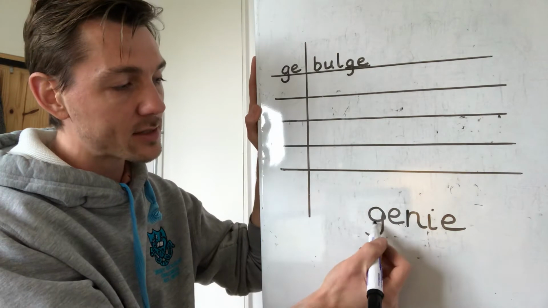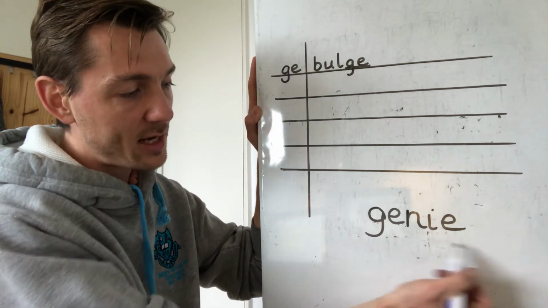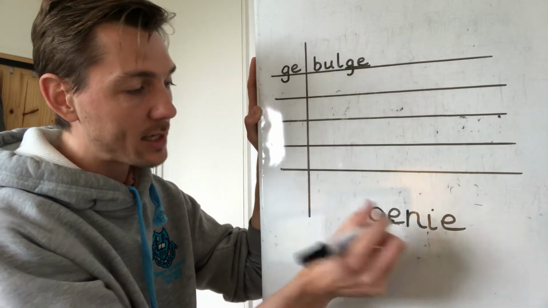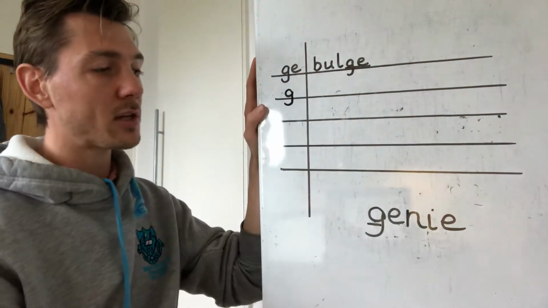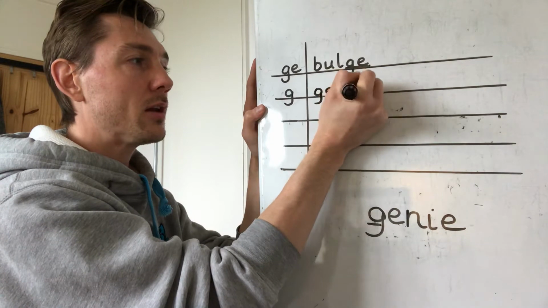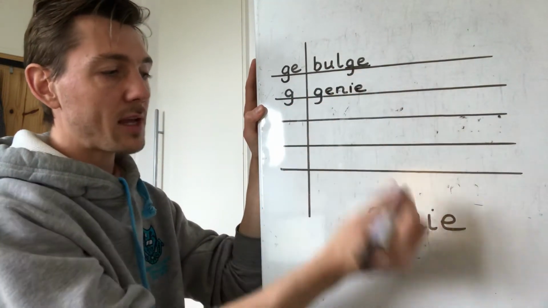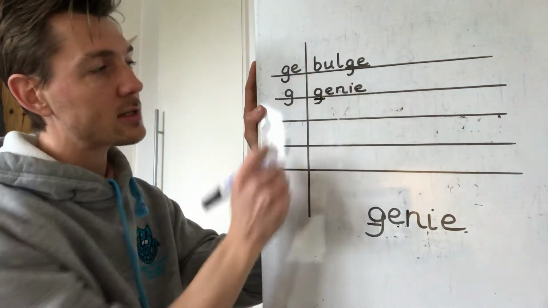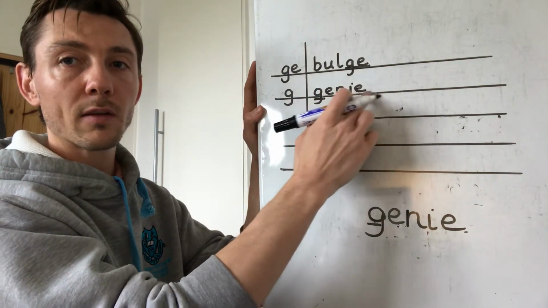So be careful, it's not j, n, e, it's j, e, n, e. So actually it's one letter spelling of j with the G. So that's a new section, and we have j, e, n, e, with two different spellings of the e sound as well. J underlined, e, n, e.